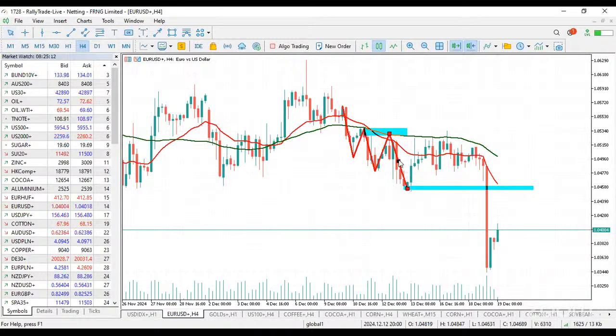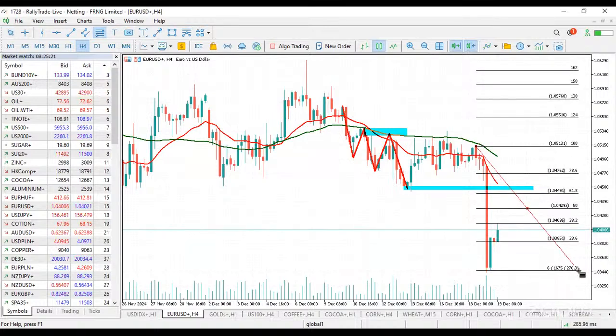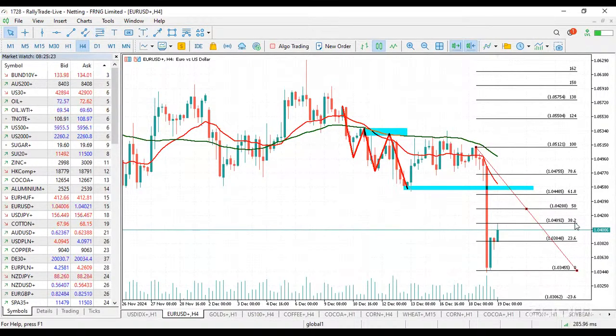So if I draw my fib, I'll be drawing from this high to this low, right? The market has already done a 38.2% retracement. Can you see that? It has already retraced upward to 38.2%. For an aggressive entry, this will be a good time to enter, because it has already done around 38.2%. You can use your discretion there. Then we have another level here.